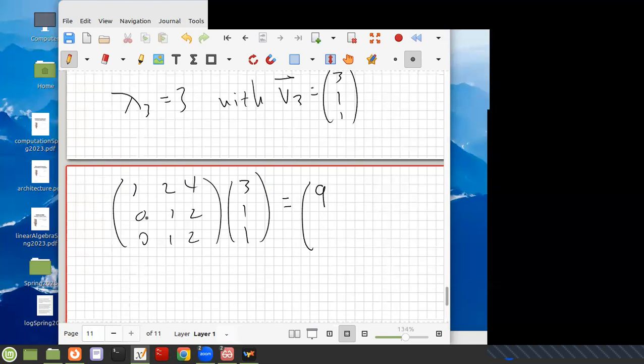Okay, the second one is 0 times 3 plus 1 plus 2, which is going to be 3, and the same thing here, 3, so then I can factor out a 3 times 3, 1, 1. So this one seems more like something non-trivial happened, right?